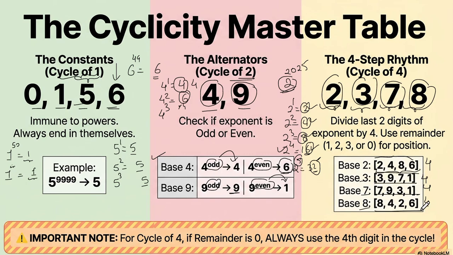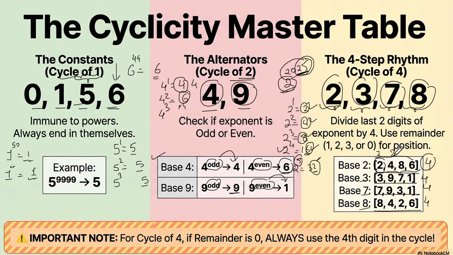Now the important thing is, whatever the power is, you just look at the last 2 digits and divide by the cyclicity. For example, 2 raised to 2025. The last 2 digits of the power are 25. When you divide by the cyclicity, which is 4, you look at the remainder. If your remainder is 1, the answer is the first digit, 2.